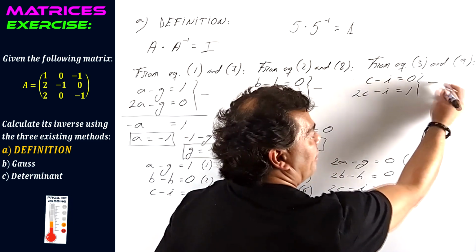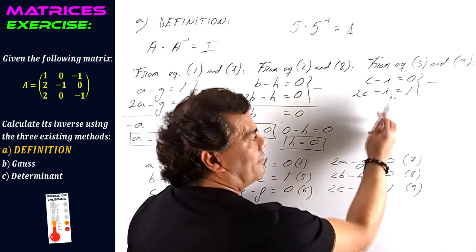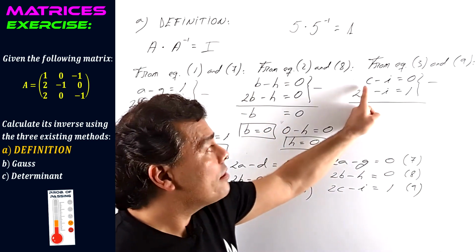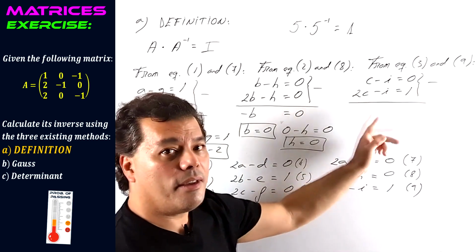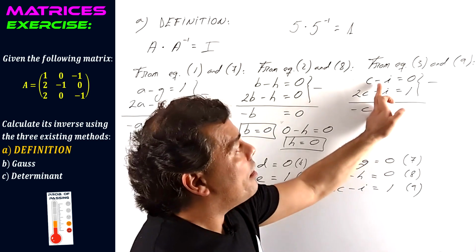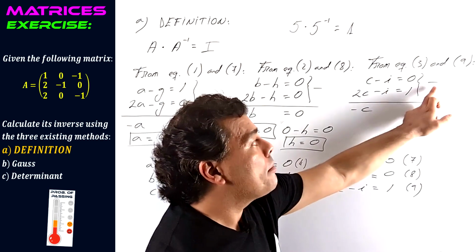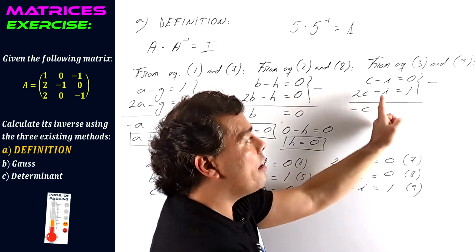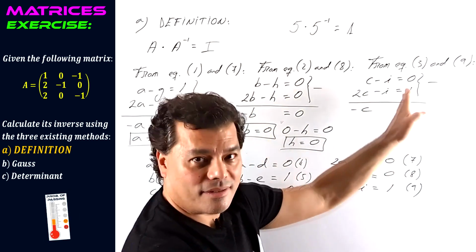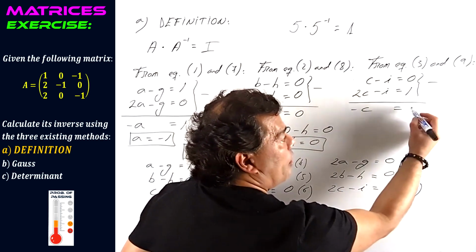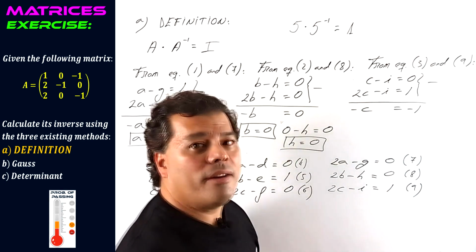We are subtracting, as this variable is alone, and there we have variable C. C minus 2C is negative C. Minus I minus minus I is minus I plus I, 0 again, equals 0 minus 1 is minus 1, negative 1.